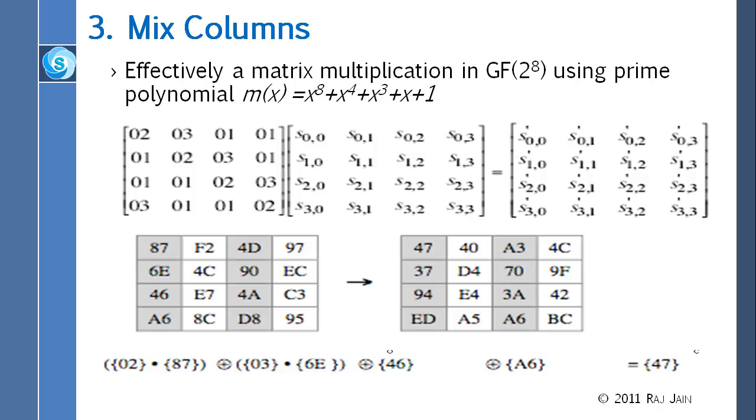Going back to this mixed column thing, mixed column is a Galois field matrix multiplication. These are all polynomials. You write your own terms as a polynomial, multiply them, whatever result you get mod this polynomial, you write that down here.